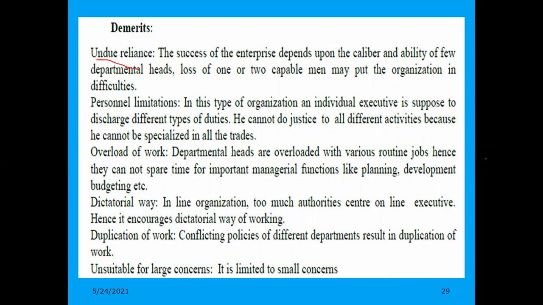The success of the enterprise depends on the caliber and ability of the few departmental heads. Loss of one or two capable men may put the organization in difficulties.